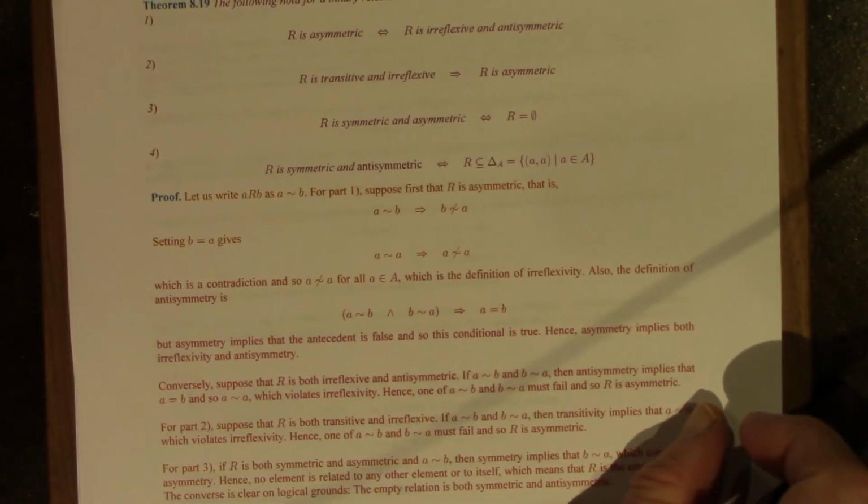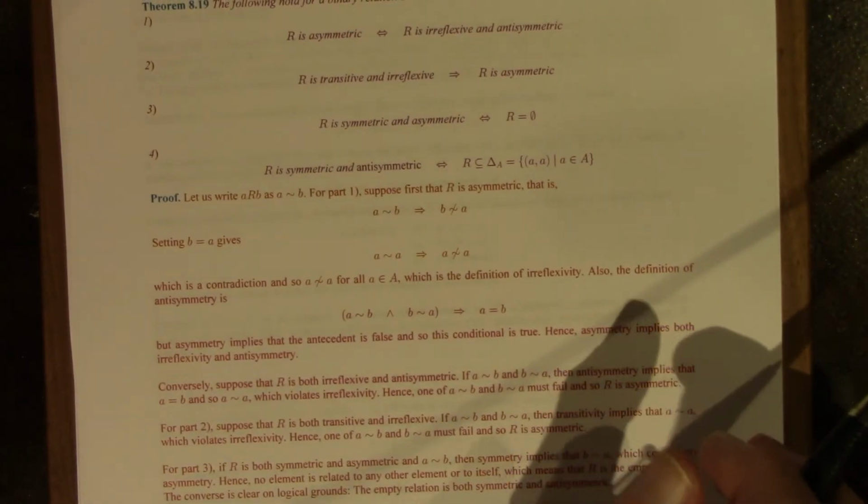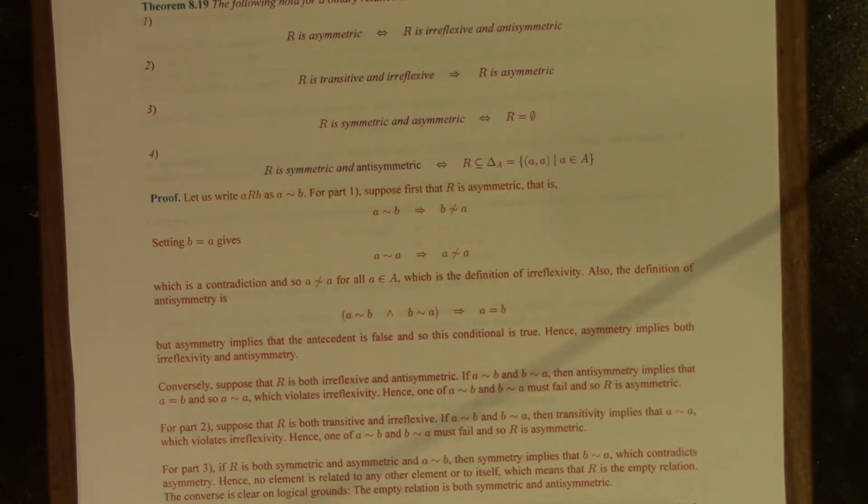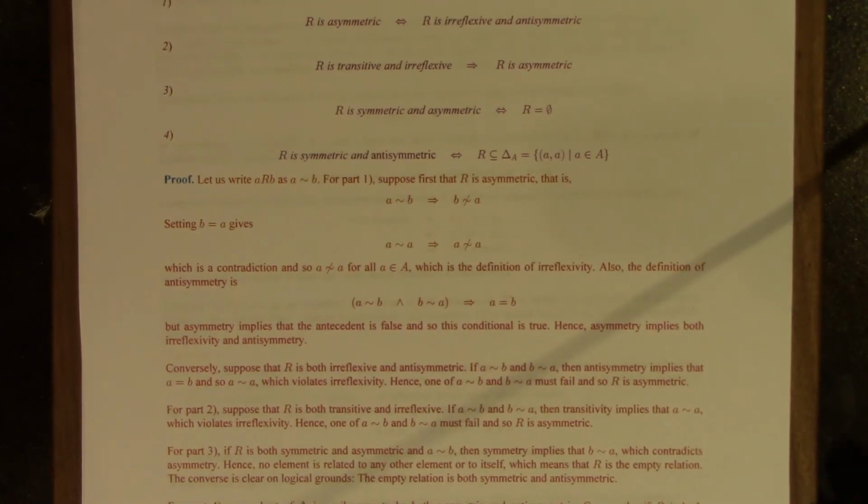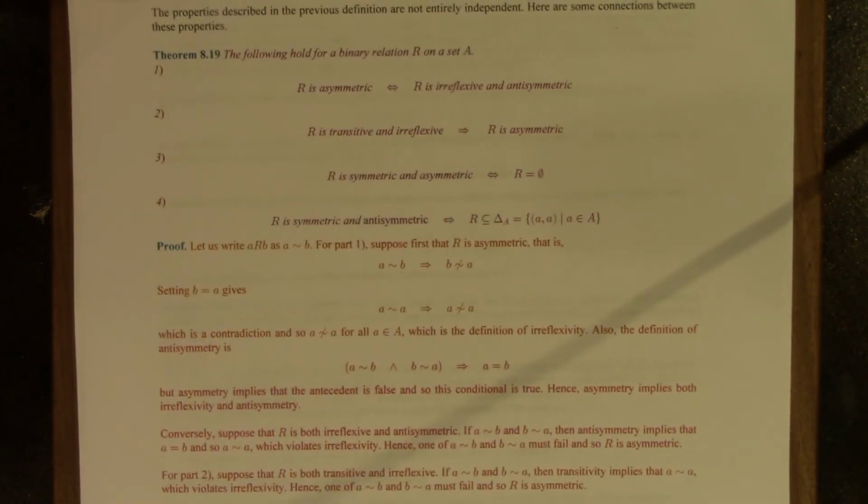What I would suggest is that you should really try to do most of the time is write down the theorem on a blank piece of paper and try to prove this yourself. It will test your facility with the definitions, especially the most confusing ones, I guess, which are symmetry, asymmetry, and antisymmetry.